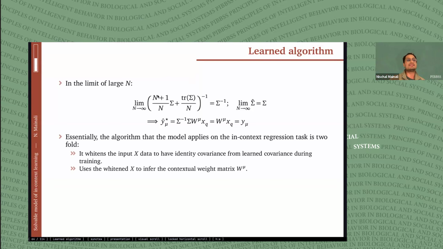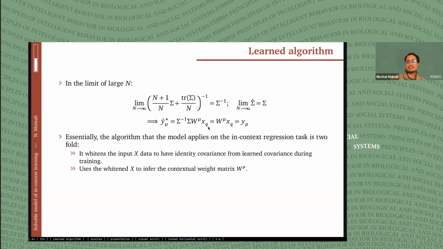And once it does that, it becomes easy for it to get the relation between X and Y. It's like now you've set X to be all 1 and Y to be some value. So the effective weight matrix will simply be the leftover W once we have set X to be 1. So something like that is going on, where it has whitened the X, and then it can infer the contextual weight matrix W mu.